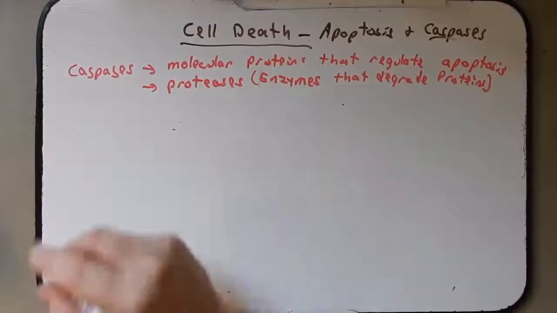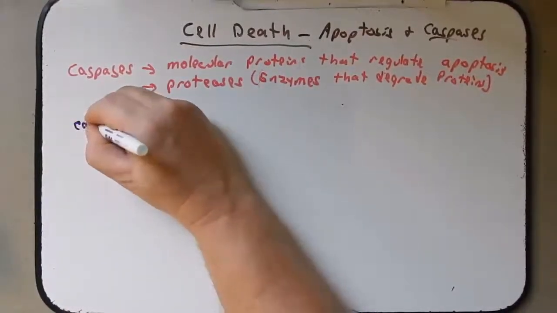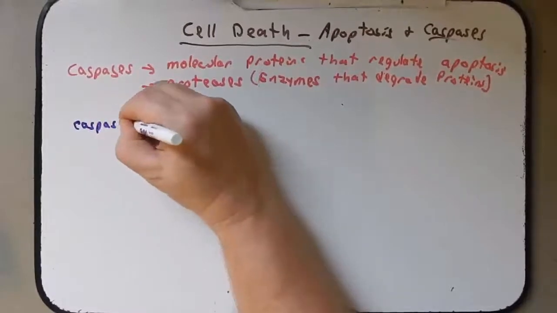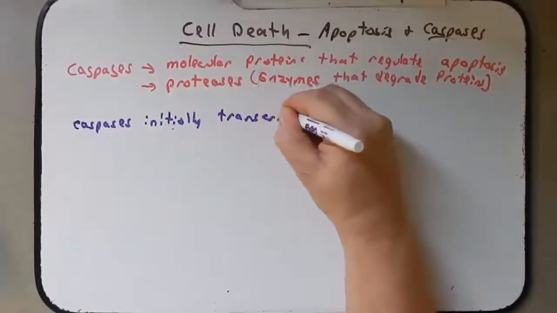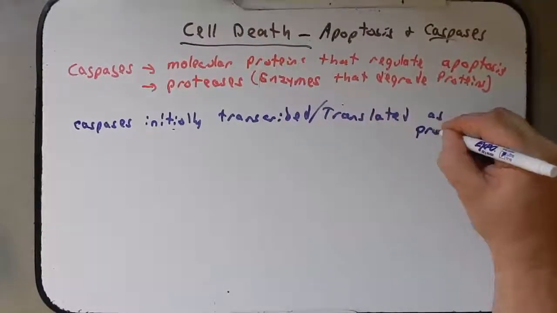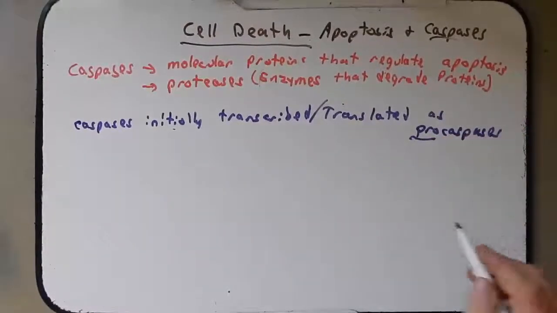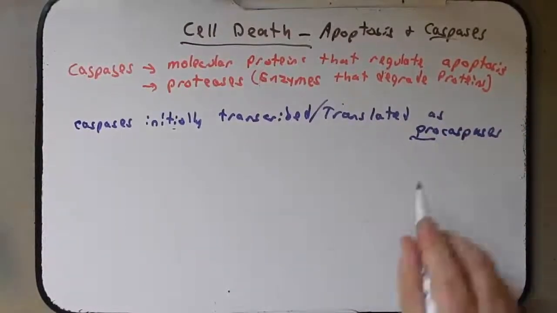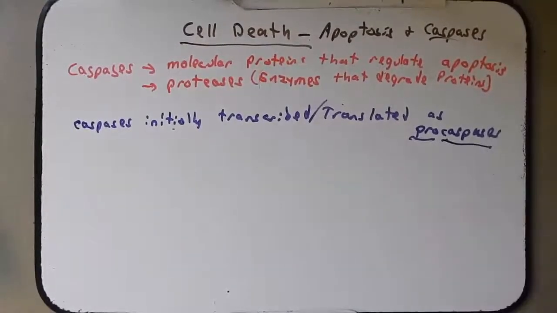And the reason for that is that caspases are initially transcribed and translated as pro-caspases. As a general rule, whenever you see a protein with the word pro in front of it, that means it's the inactive form of the last part of that protein.